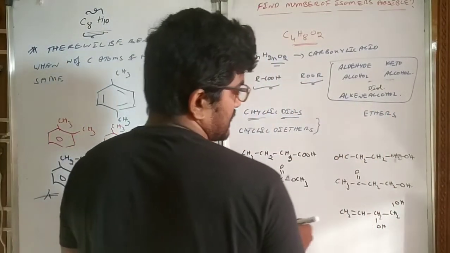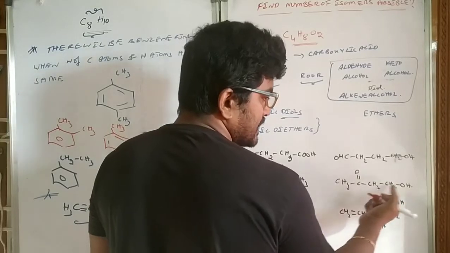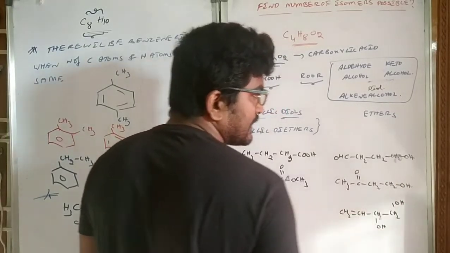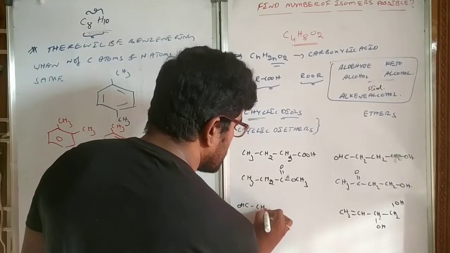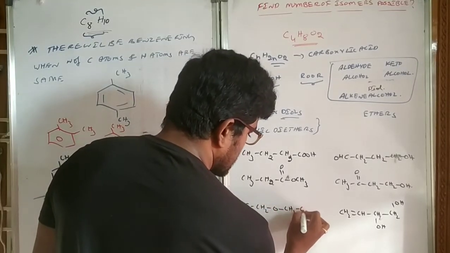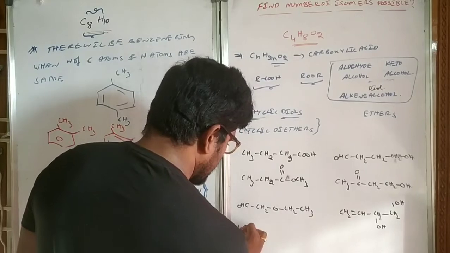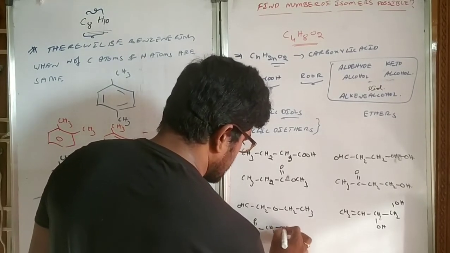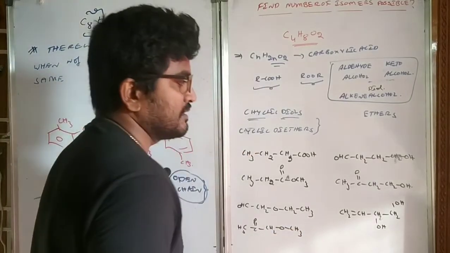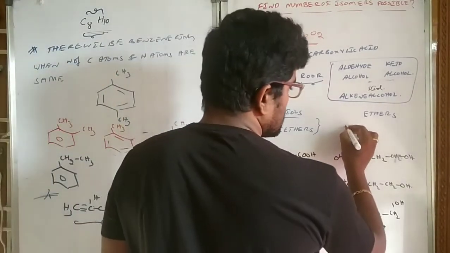Alkene diols will come. So aldehyde alcohol is there, ketone alcohol is there, alkene diols are there, and ethers also possible. CHO, CH2O, CH2, CH3. CH3, C double bond O, CH2O, CH3 will come. And cyclic diols also possible.